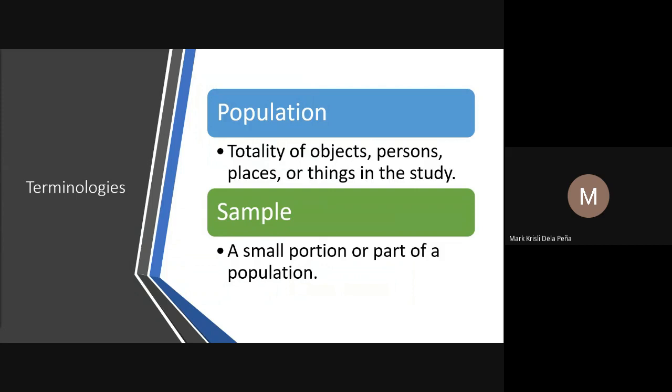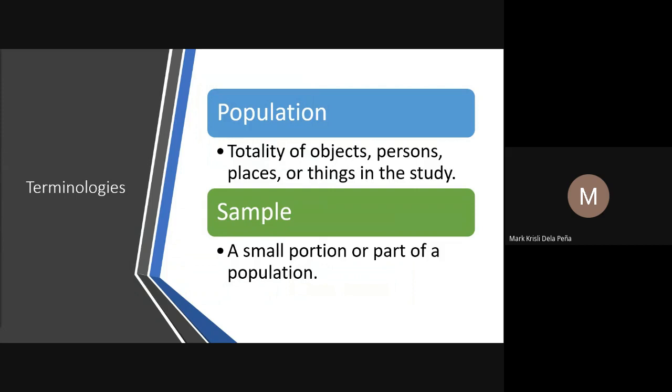Now, here are some terms. We have population and sample. Based on my example earlier, the population is the totality, the whole number of objects, people, places, or things being studied.